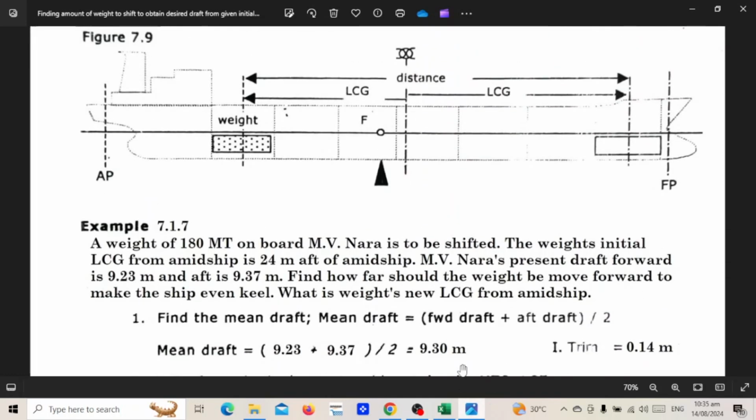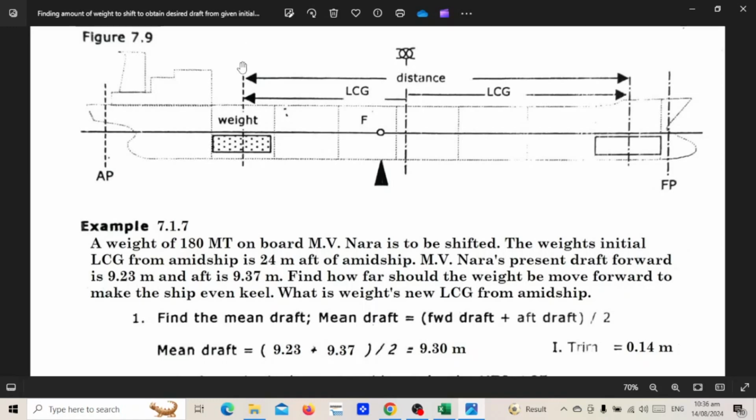Okay, so guys, this is very important. The weight of 180 metric tons, when you ship, you still carry the exact weight of 180 metric tons. You never deduct it, you never subtract, or you never add weight. Use the same weight when you ship this to this position. That's common sense, guys.